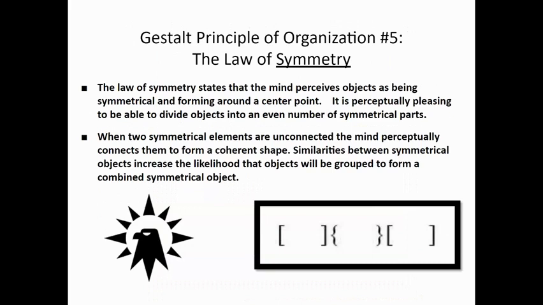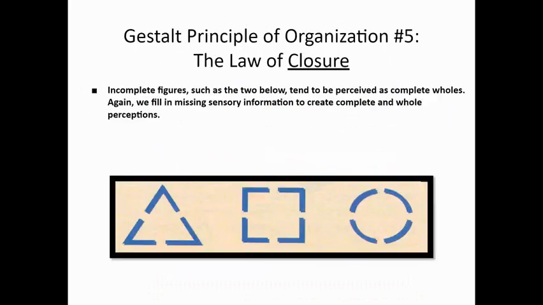The law of symmetry. The law of symmetry states that our minds perceive things as being symmetrical, forming a center point, being able to work around something. And it's pleasing for us to be able to divide those objects into even symmetrical parts. These parts give us the likelihood that these types of images will be clumped together.